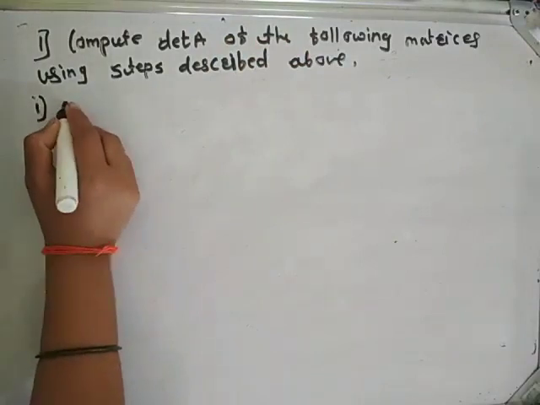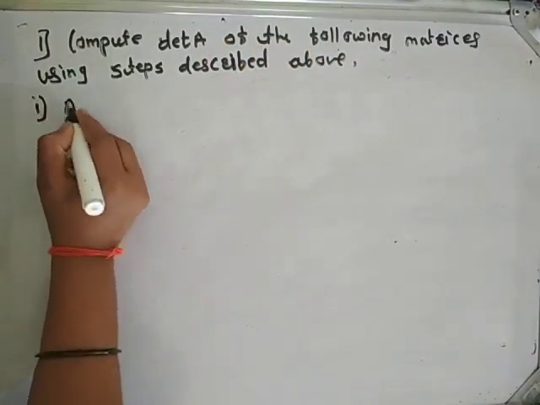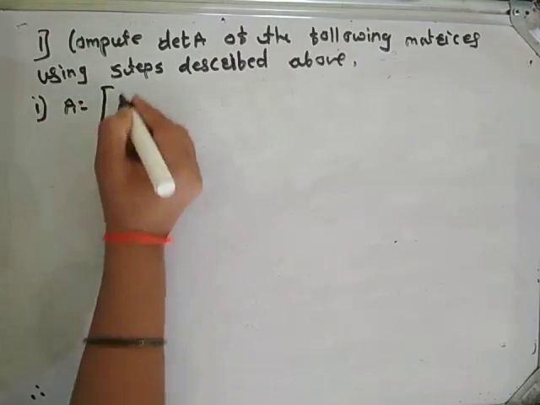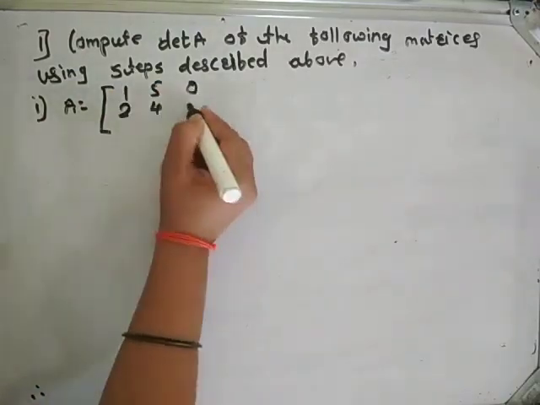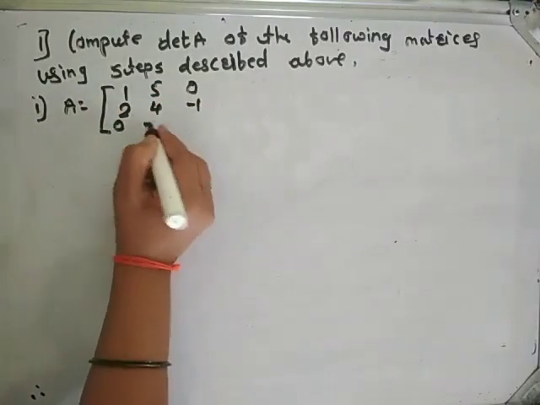First matrix is A equals matrix 1 5 0 2 4 -1 0 -2 0.